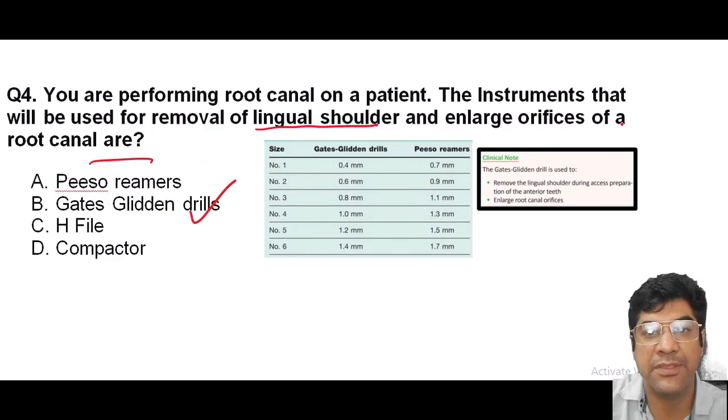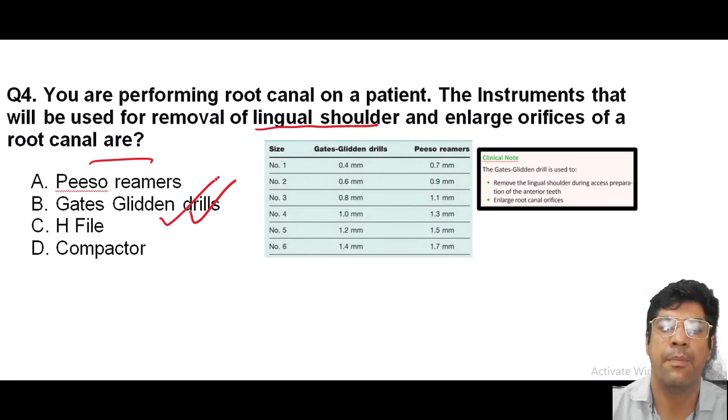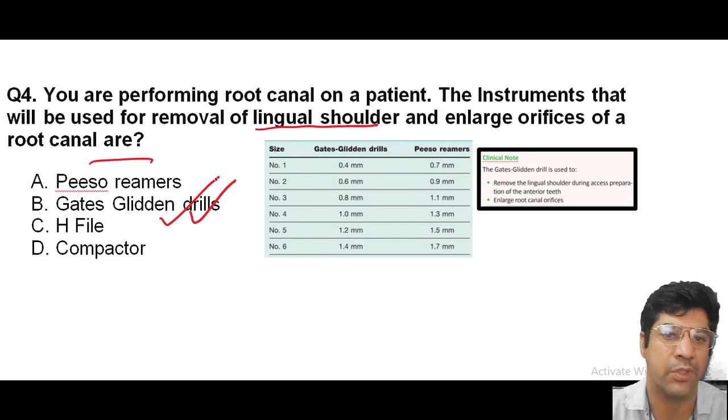Now what about the Piezo Reamer? Suppose I am performing a root canal treatment on a maxillary central incisor that has extensive caries and requires both endo and restoration. After completing the root canal treatment, the next step is to prepare the post space for post and core restoration.